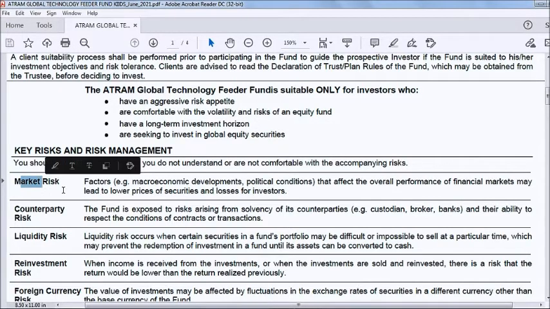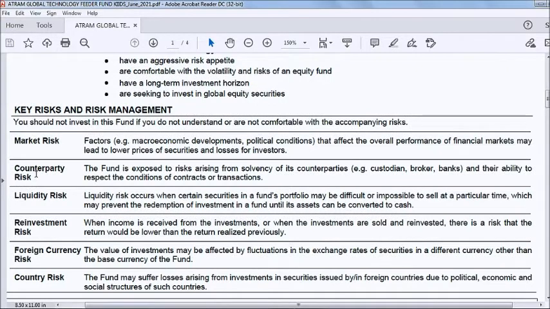So, that's the first risk. Next is counterparty risk. The fund is exposed to risk arising from the solvency of its counterparties, for example, custodian, broker, banks, and their ability to respect conditions of contracts and transactions.